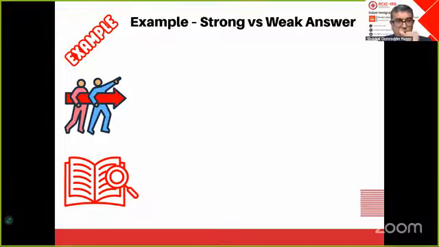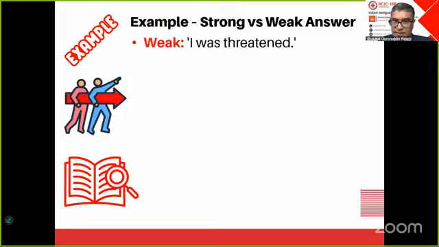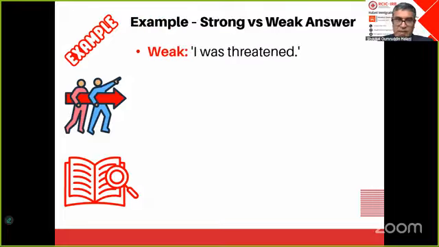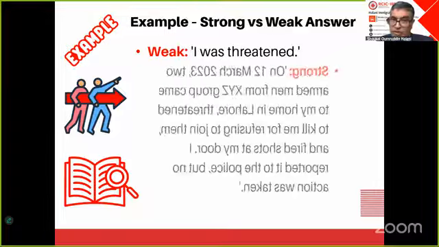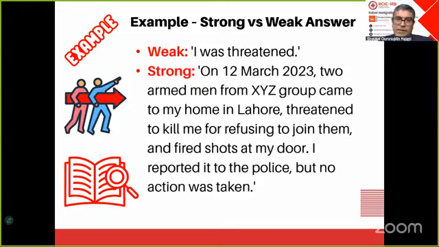Now I am giving you an example of a strong and weak answer. As I said earlier in my previous slide, this is your weak answer: "I was threatened." What should the strong answer be? It is the same thing, but you can mention: on 12th of March 2023, two armed men from XYZ group came to my home in Lahore, threatened to kill me for refusing to join them, and fired a shot at my door.